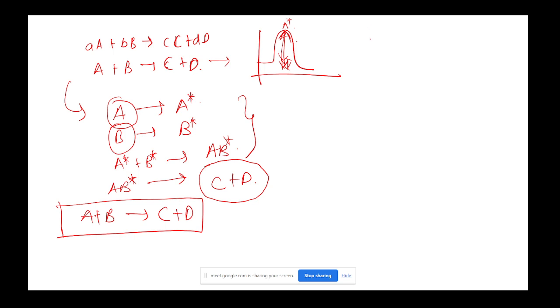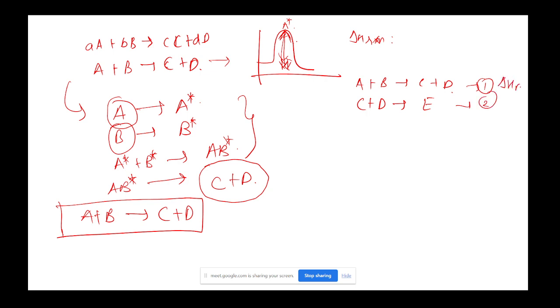Now there can be reactions in which the reactions can be added algebraically. For example A plus B gives C plus D, and now you have C plus D gives E. This is reaction 1 and this is reaction 2.